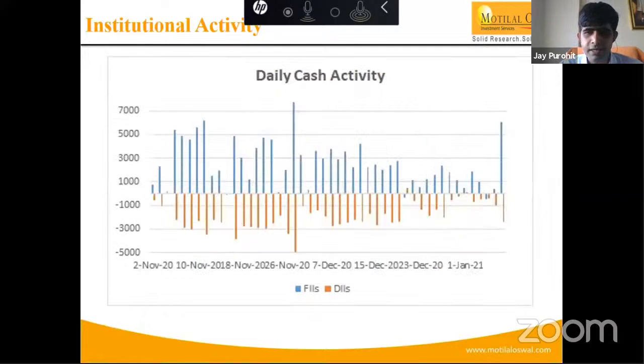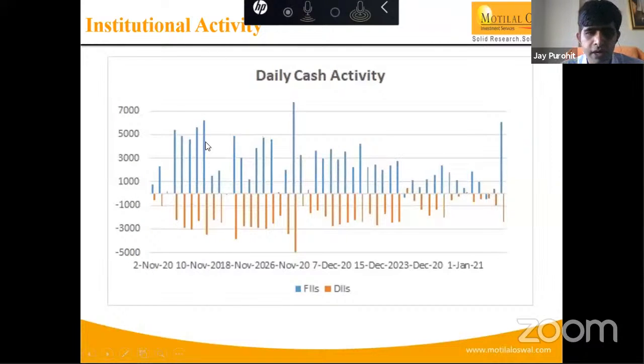Now, if you look at the daily activity from November till date, you can see that hardly 3-4 days FIIs were not buyers. They were marginal sellers. Apart from that, on 90% of the days they were net buyers in equities. And look at these bars, these are around 4,000, 5,000 crores in a day.